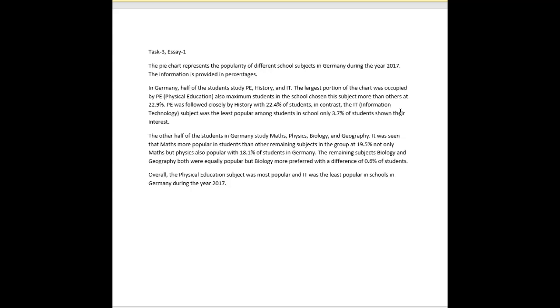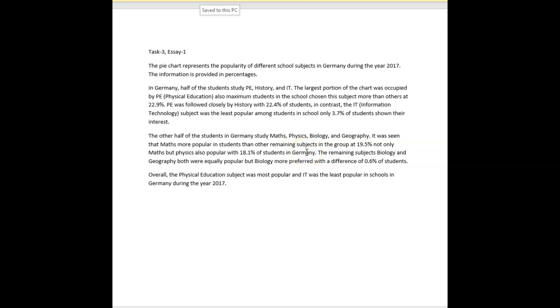Okay, the other half of the students in Germany preferred maths, physics, biology, and geography. It was seen that maths was more popular with students than any of the remaining subjects in the group at 19.5%. Full stop. Not only, let's try it again. Not only was maths popular, but physics was too, with 18.1% of students in Germany.